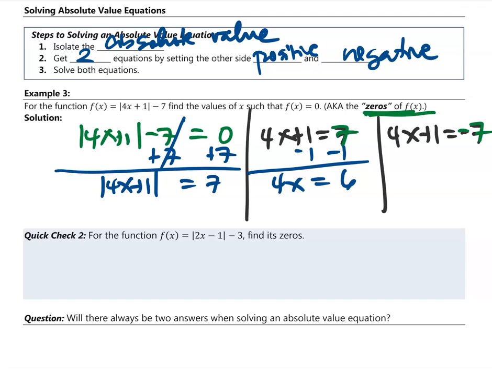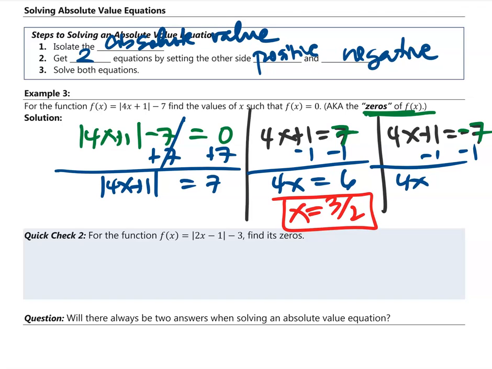When you divide by 4, x is equal to 6 over 4, or 3/2. Then the other one, subtract 1 from both sides: negative 7 minus 1 is negative 8, so 4x equals negative 8. Divide both sides by 4: negative 8 divided by 4 is negative 2. So these are the answers.